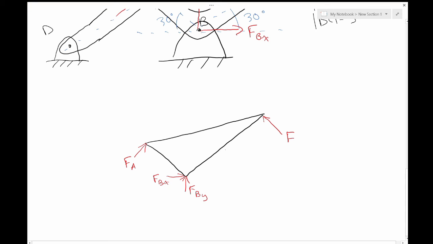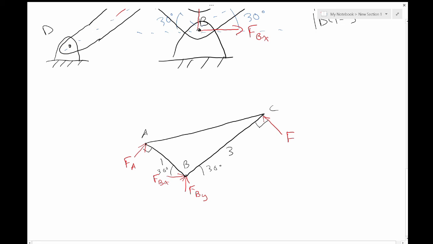And we'll just draw on the units. We have 3, 1, 30 degrees, 30 degrees, and this is perpendicular, and this is perpendicular. And this here is still A, B, and C.